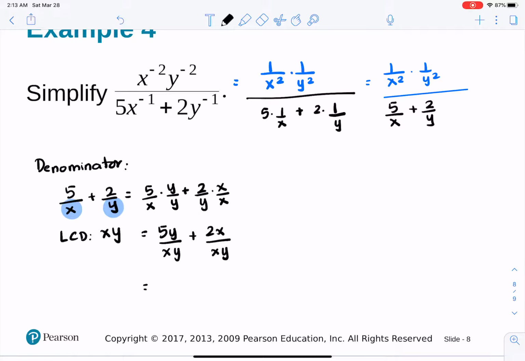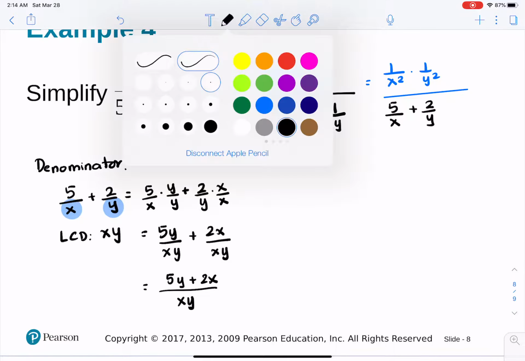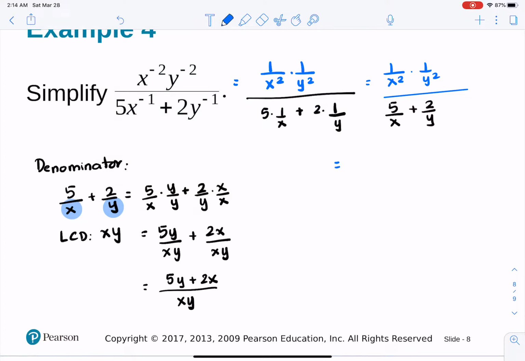We have a common denominator, which is the LCD xy. Combine the numerators, 5y plus 2x. So we go back here. Rewrite our denominator, which is 5y plus 2x divided by x times y. Now we just have to flip and multiply.